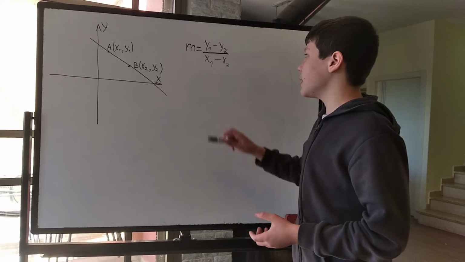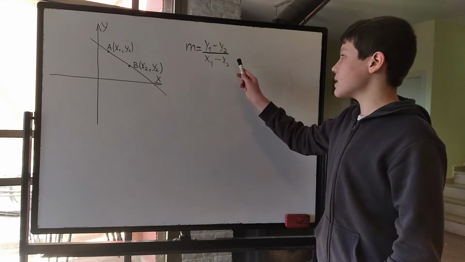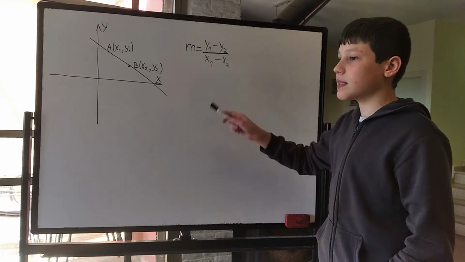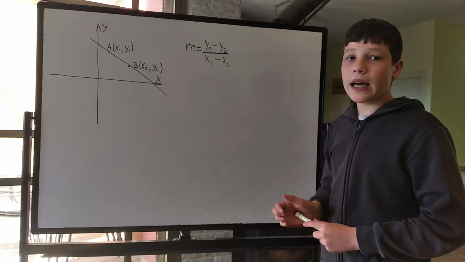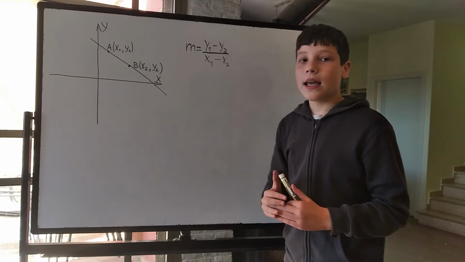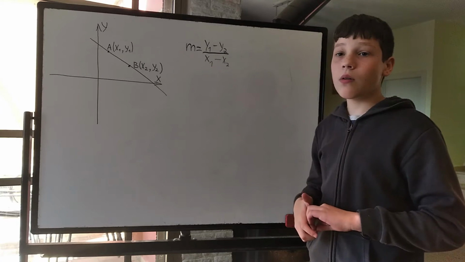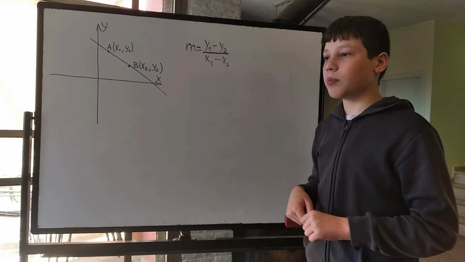So it's basically y of the first minus y of the second divided by x of the first minus x of the second. But I just stated it as fact in the video, and I didn't really show a proof.